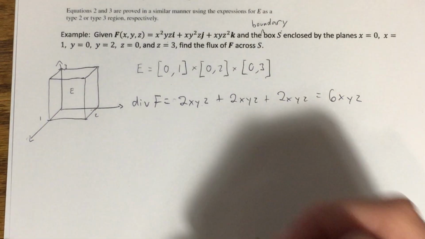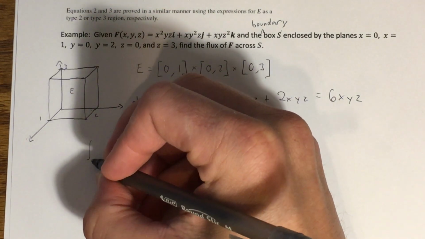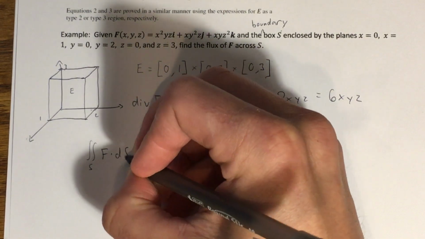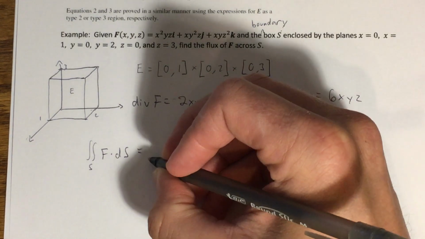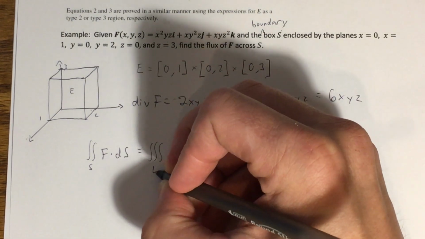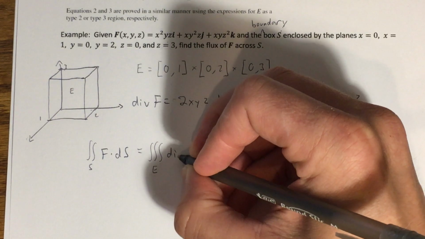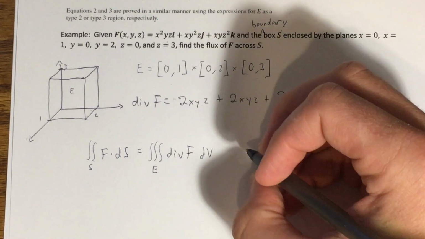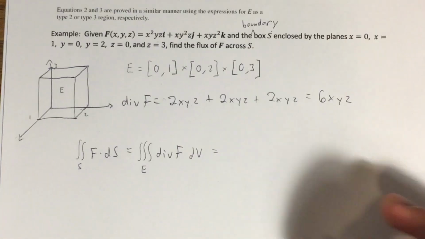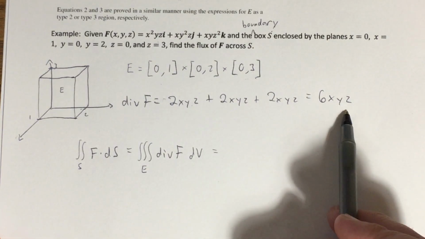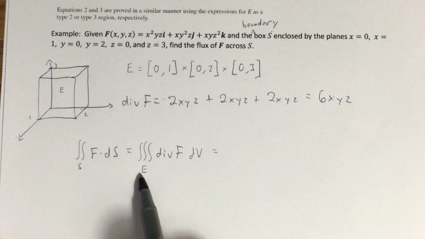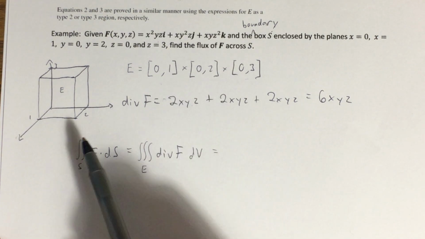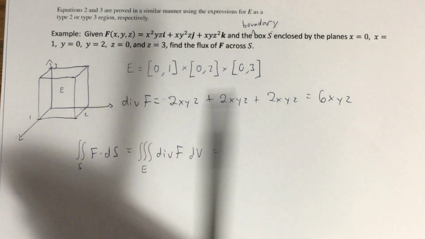Well, using the divergence theorem, what this means is that the flux of F dot dS is equal to the triple integral over E of the divergence of F dV, but the divergence of F is equal to 6xyz, and this triple integral right here is our favorite type because I don't need to think of it as type 1, 2, or 3.